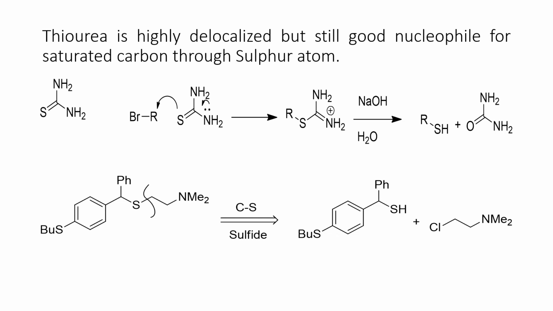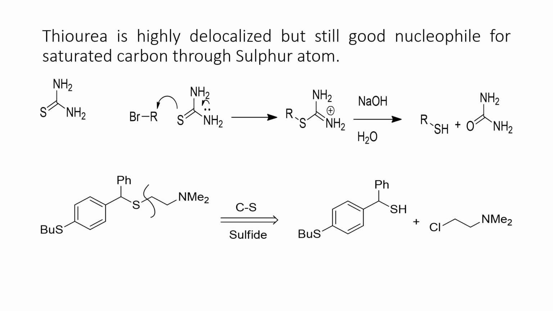In retroanalysis, the C-S bond of the sulfide or thioether linkage will break and we will get the SH group. And to treat this SH group, how it will react with the starting reagent to obtain the target molecule.